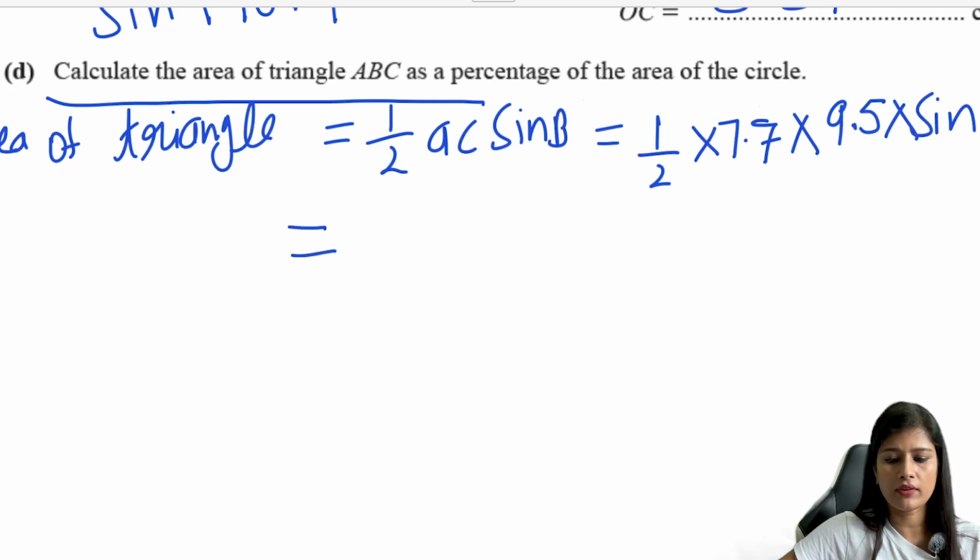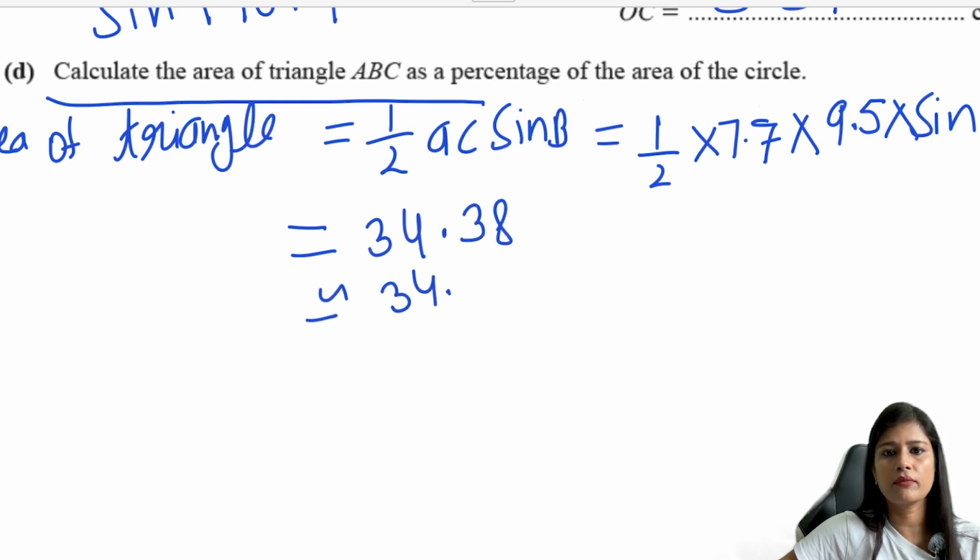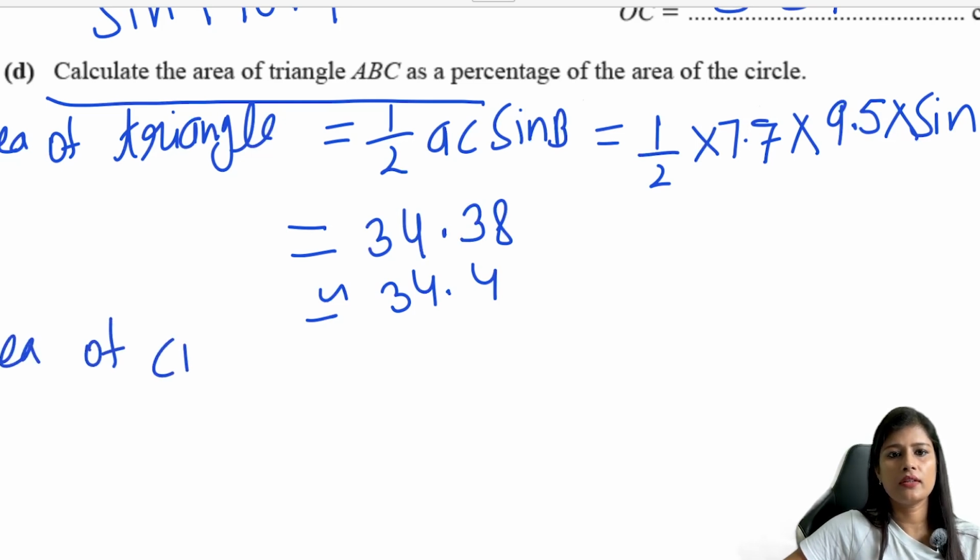So area of the triangle is 34.38, round off to 34.4.